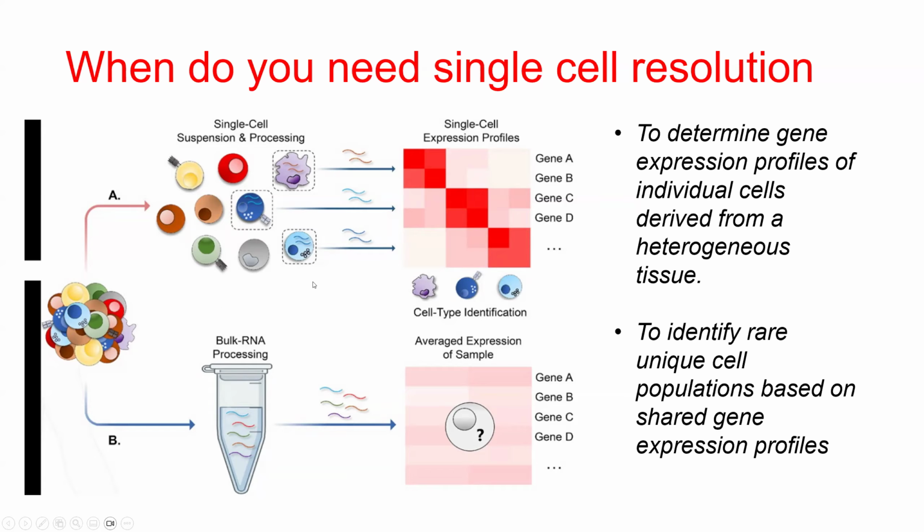Right? So that's kind of the goal of this, and I'll show you how it works here in a second. So really, if you're interested in identifying a rare, unique cell population based on shared gene expression profiles, because that's what this is doing, this expression profile is unique compared to these other cell types, then single cell RNA sequencing might be a technique that you would want to use.